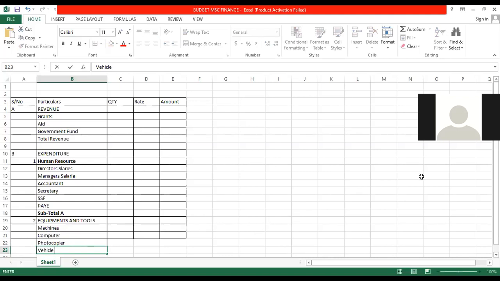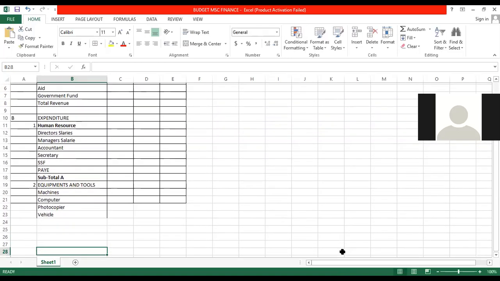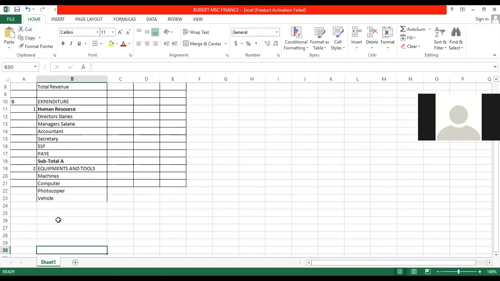Let me say we have a subtotal right here. So this is subtotal. That was subtotal A. This is subtotal B. Okay, we go to another one.